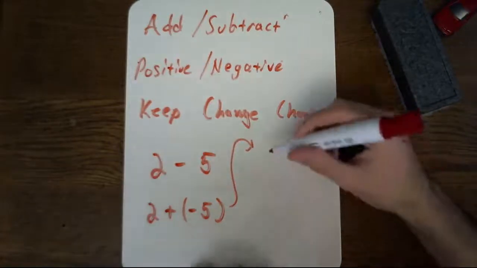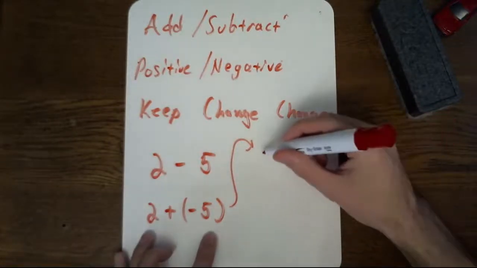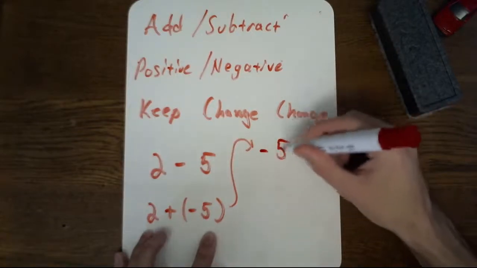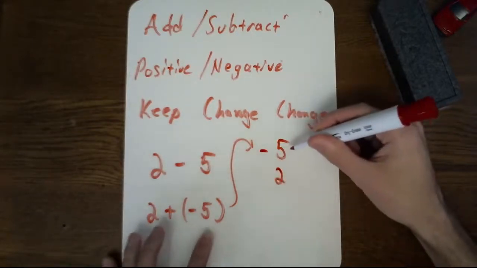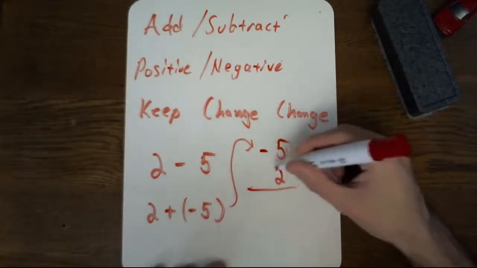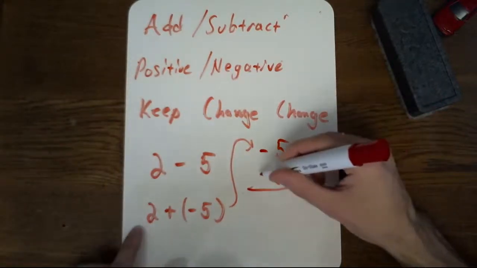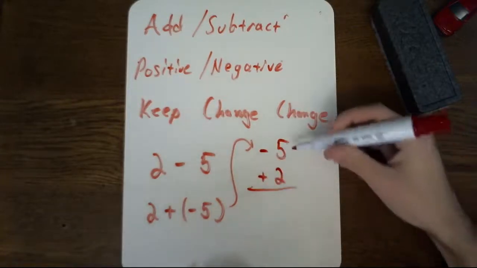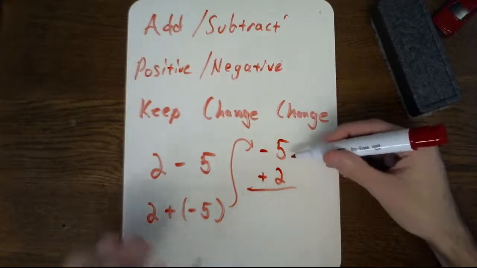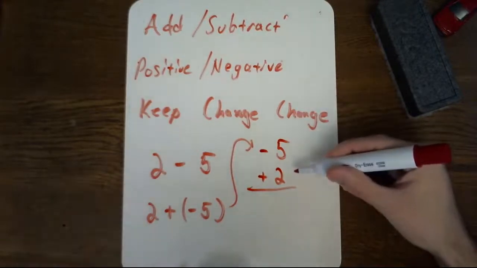So now when you're combining these, you want to stack the larger absolute value number on top. So 5 has a bigger absolute value than 2. And remember, since there's no sign right here, this is really a positive 2. So now this gets into how do we combine these two?